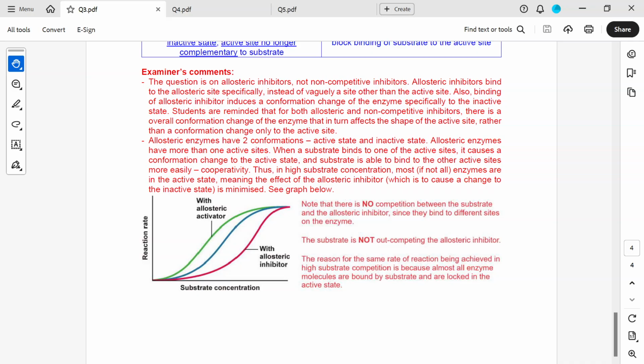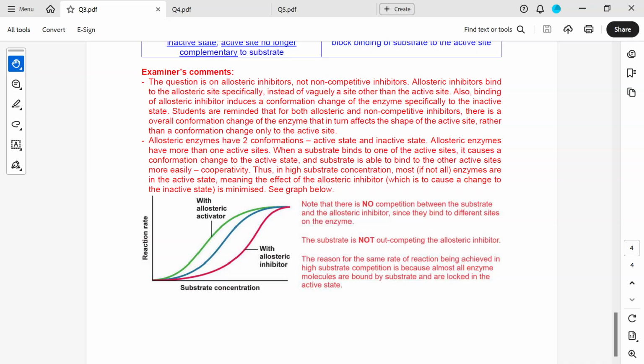So this part is something that you probably need to learn, because many of you have written or mentioned that Vmax will not be achieved with the allosteric inhibitor. That is true for a non-competitive inhibitor, not true for an allosteric inhibitor because of the nature of the allosteric enzyme itself.